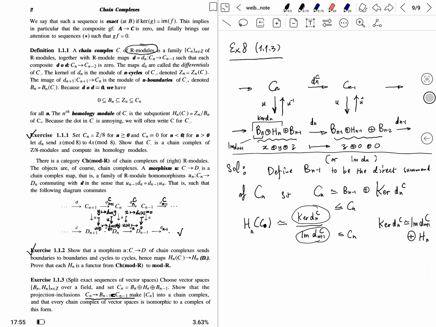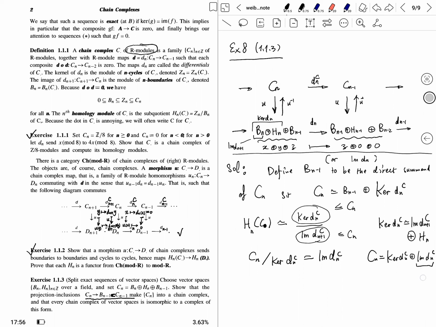Basically, it's because you also have C_n quotient by the kernel of D_n isomorphic to the image of D_n. So this tells you that C_n is also isomorphic to the kernel of D_n direct sum with the image of D_n.